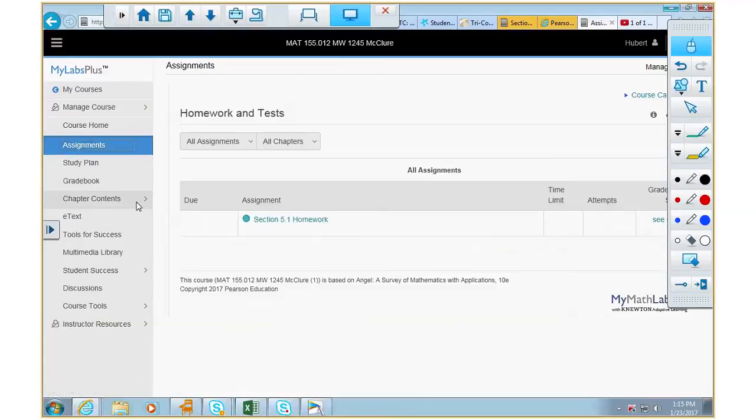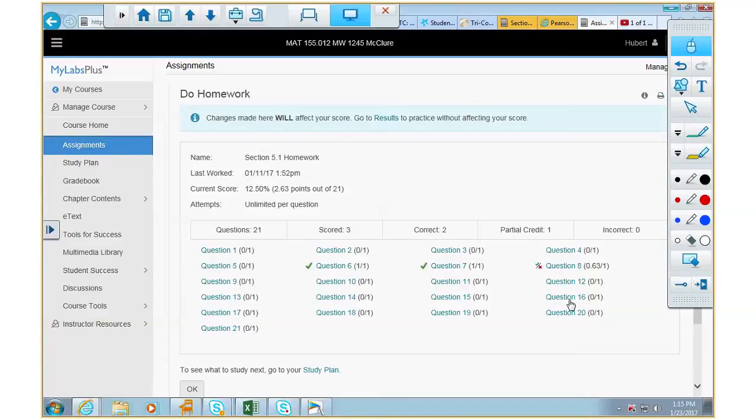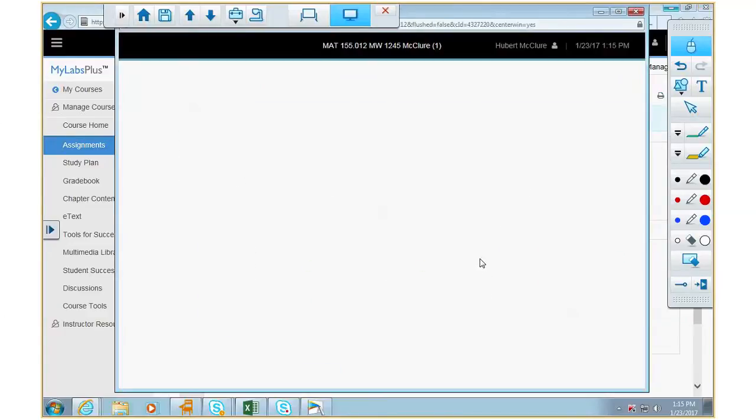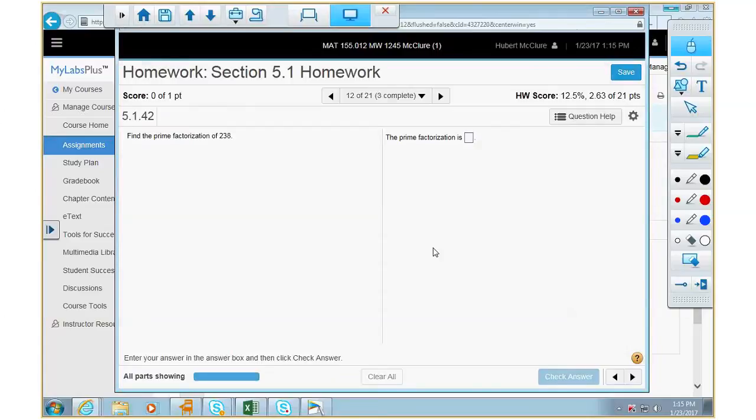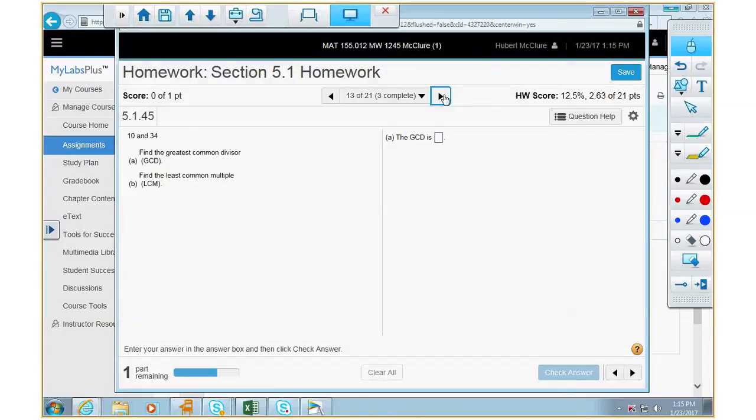They changed the look on this one. There we go. 5.1. All right, do 10 and 34 right quick. We'll do a couple of these, and then I'll move you into 5.3, which is fractions.